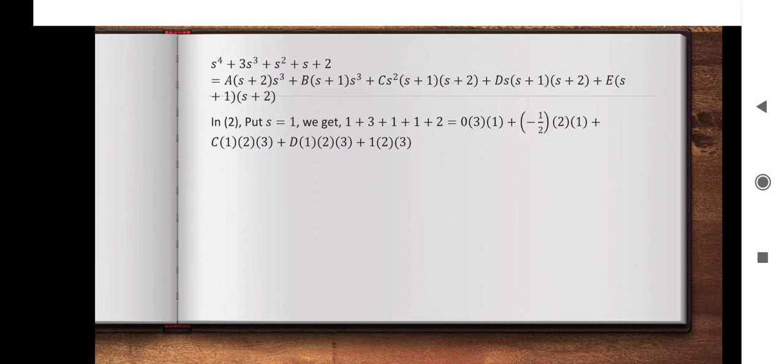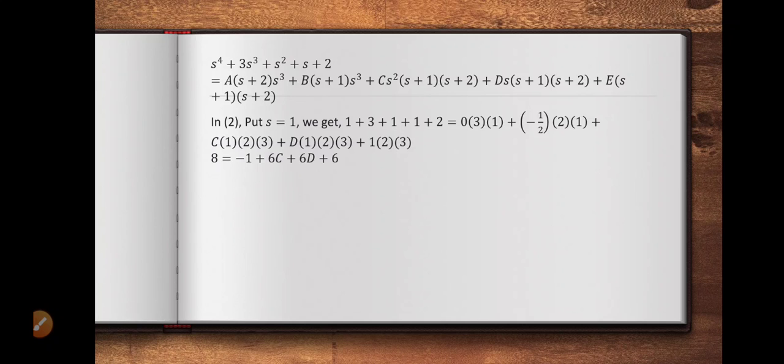And now you are getting an equation containing the 2 unknowns, capital C and capital D. And we know that if there are 2 unknowns, we require at least 2 equations in these 2 unknowns to find their values perfectly. So we will put one more value of s.